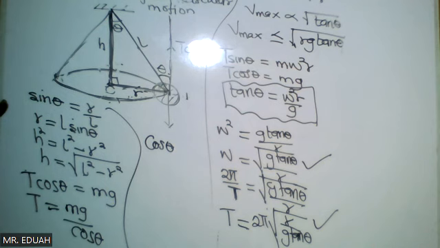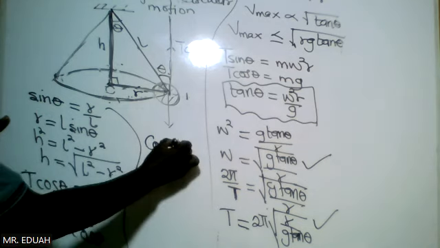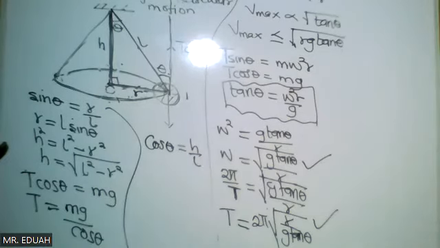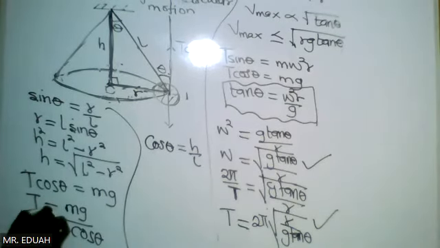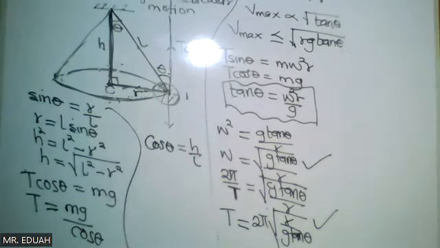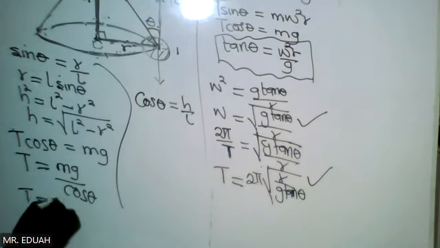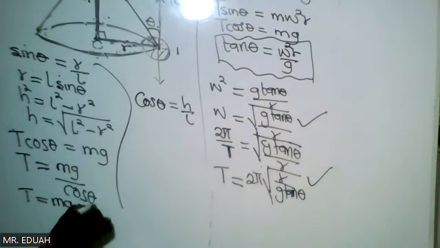What is cos theta? H over L. So H on L is cos theta. Look at it. From this relation, we have T equal to mg times 1 on cos theta.